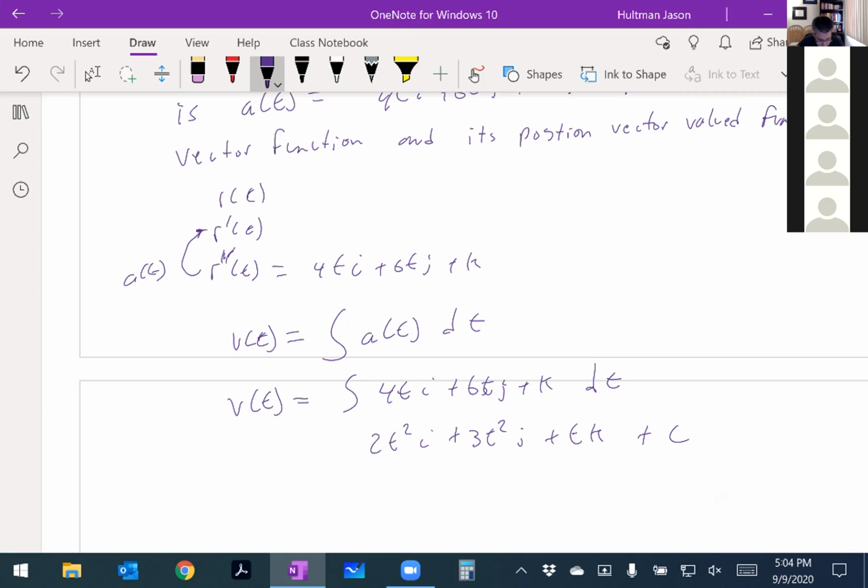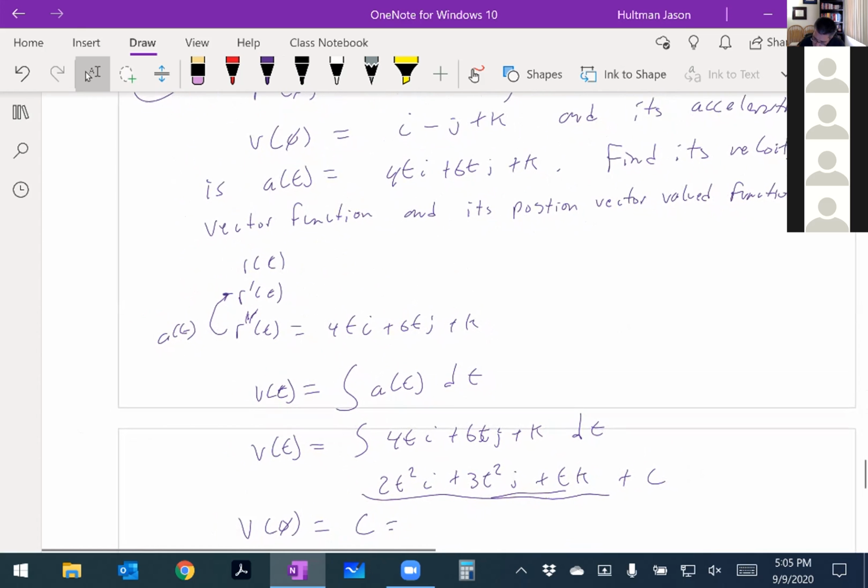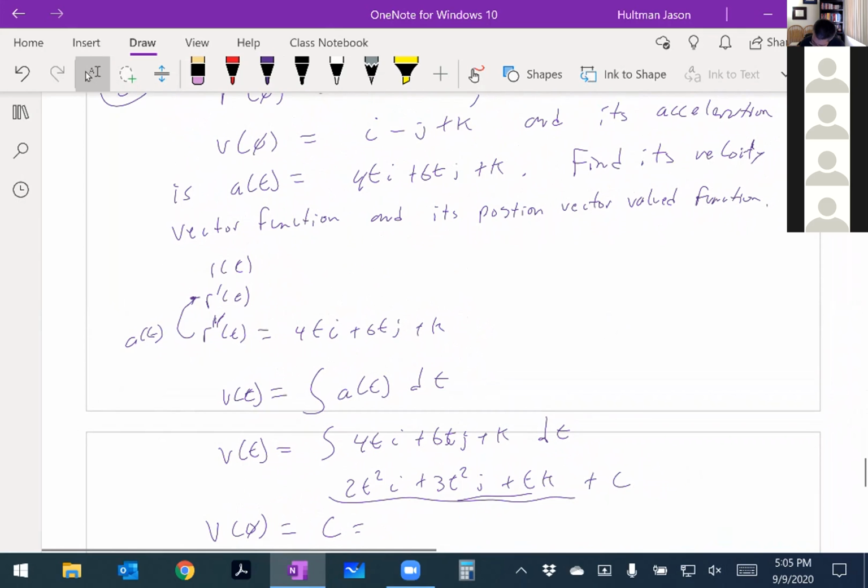But here's the big but. Okay, v naught is equal to what? Well, do you see how each of these has a t component to it? If I plug in 0, what happens? Well, it all goes away, right? And that will leave me with c. And so I know the integration constant was equal to i minus j plus k. That's what I was given as v naught.